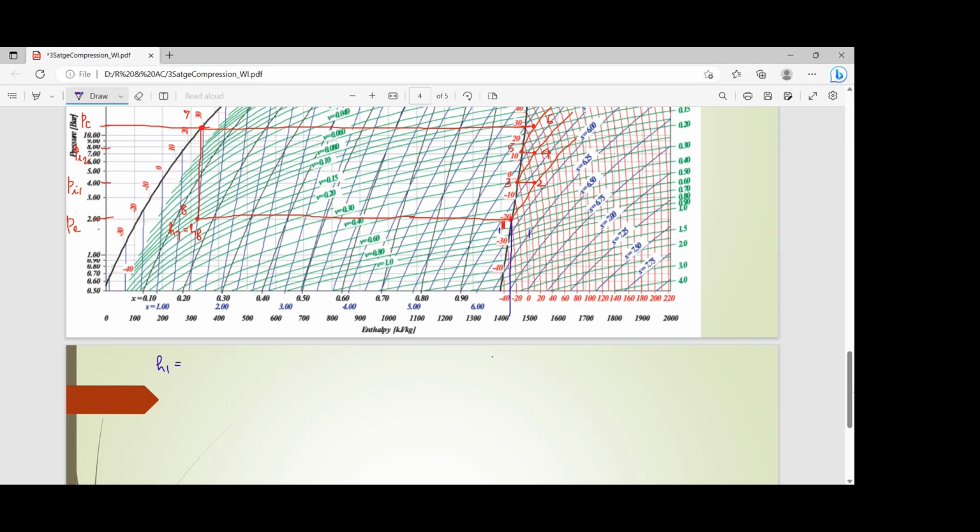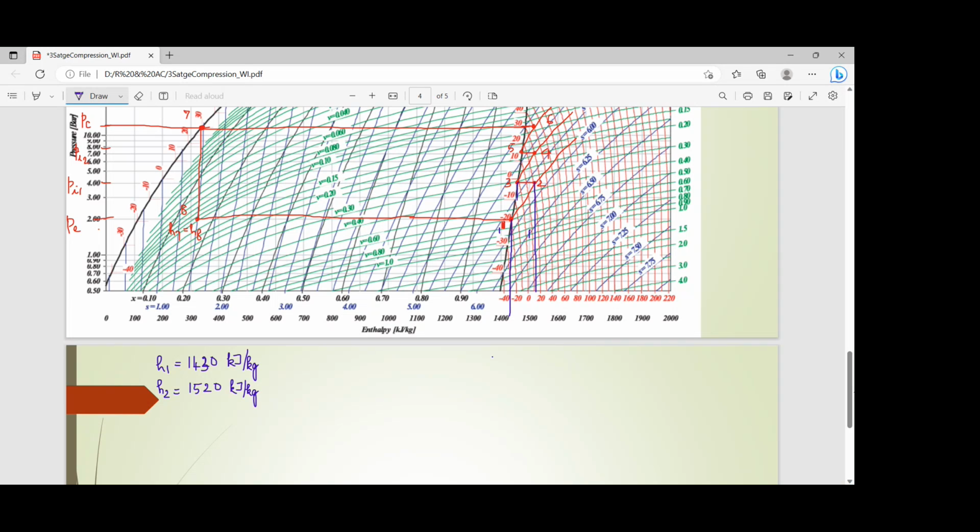So this is closer to 1400 and a little bit oriented towards 1400. So let's say H1 is 1420 kilojoule per kilogram. Okay, and then point number 2, if I drop a perpendicular, so it's closer to 1500 again. Let's say 1520 kilojoule per kilogram.